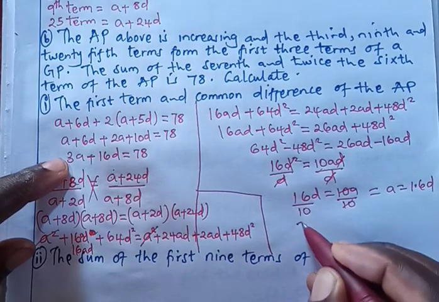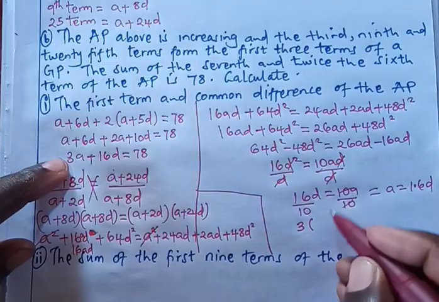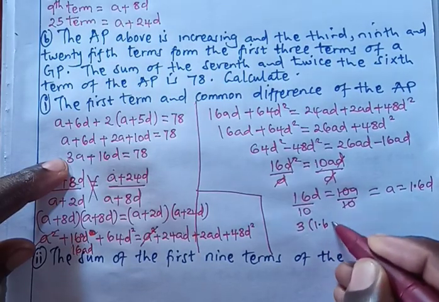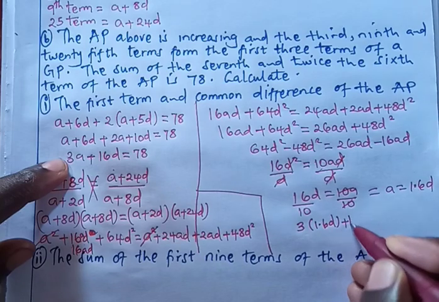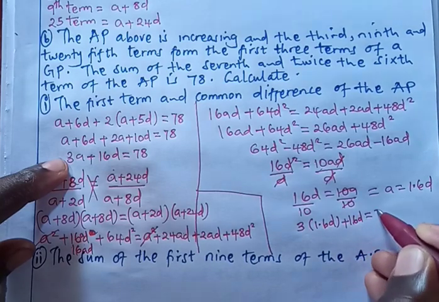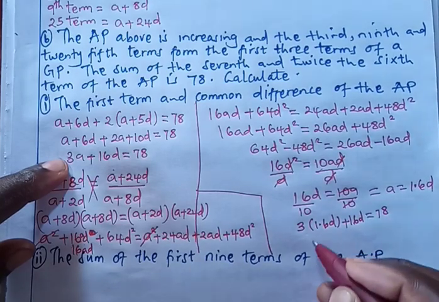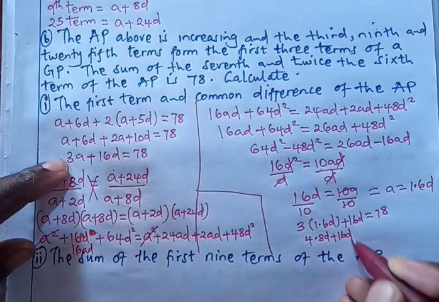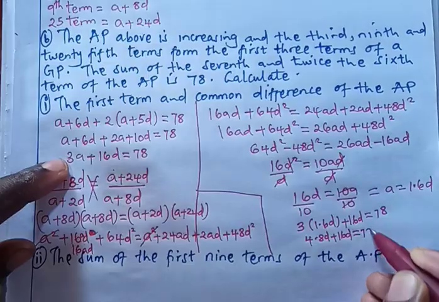So it is going to be 3 multiplied by A, which is 1.6D, then plus 16D is equal to 78. This one is going to give us 4.8D plus 16D is equal to 78.